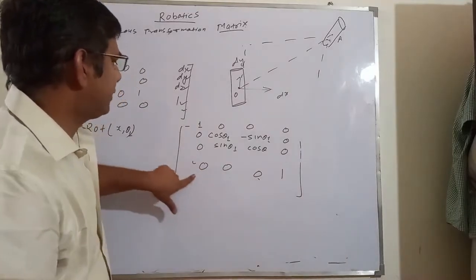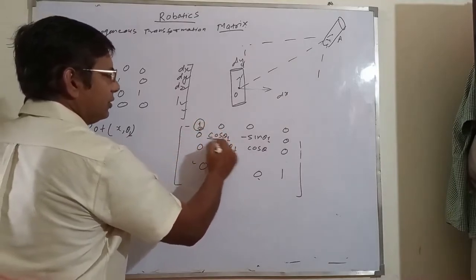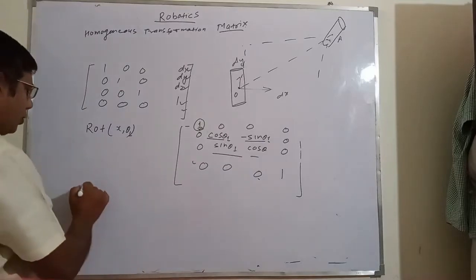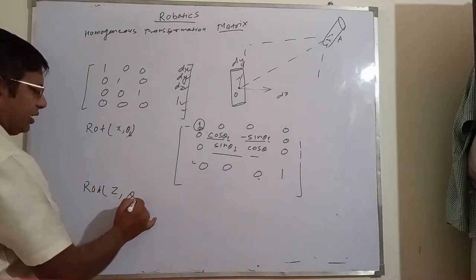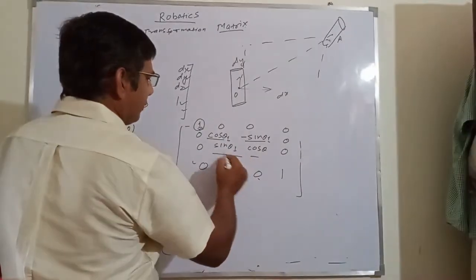In place of the x entries this rotation matrix comes. Similarly, for rotating about z by theta 3, we put these things here.